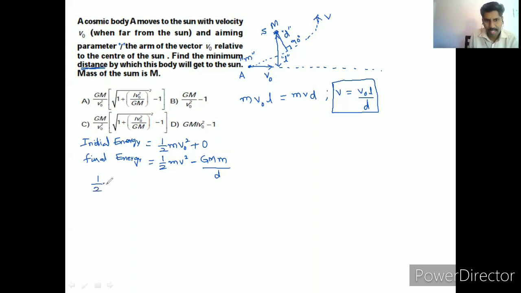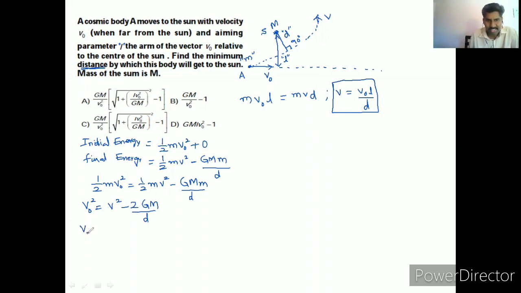Half m v naught square is equal to half m v square minus G M m by d. Here I will take half and m common. Now we get v naught square is equal to v square minus 2GM by d. I need to substitute the v value here.